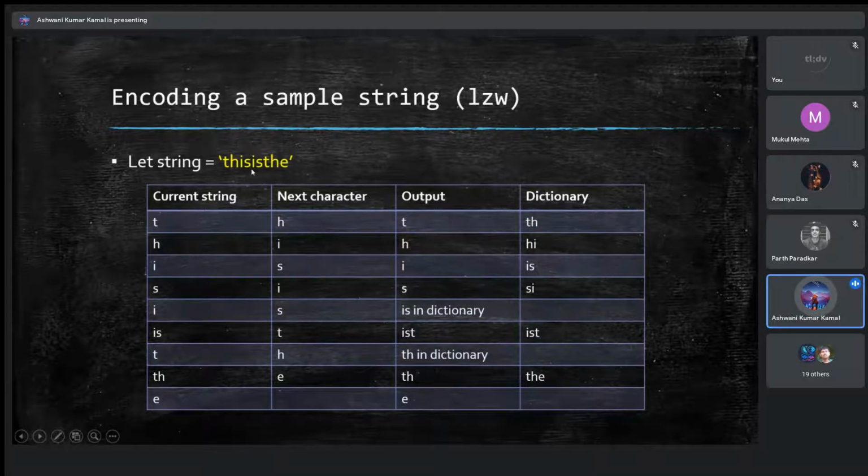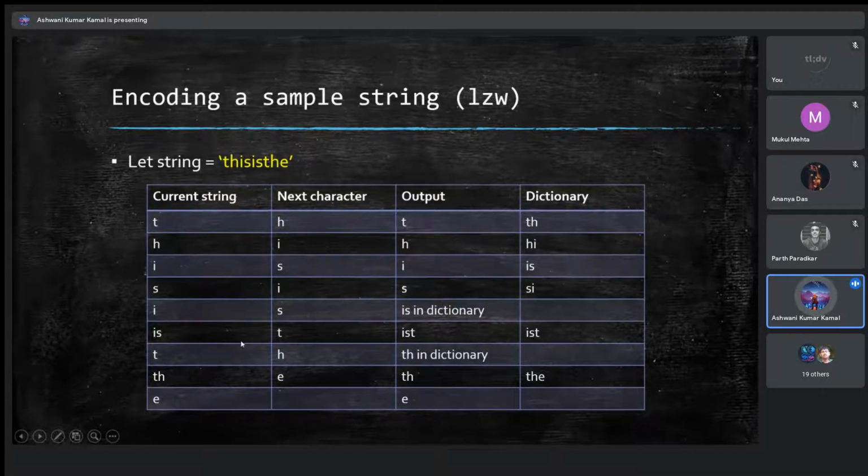Then when it encounters an appearance of IS, it will see that IS is in the dictionary. Now it will not assign a new location for this. Rather, it will put a pointer here that redirects to the place in the dictionary where it is already present. The current string will become a subset of it, and the next character will be added.